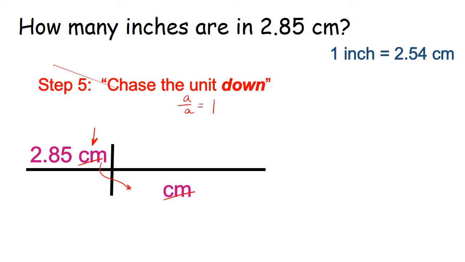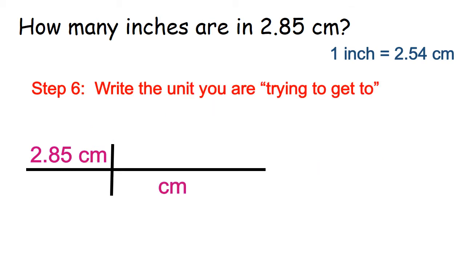This big horizontal bar is like a fraction bar. It represents division. This vertical bar, right there, that represents multiplication. It's just an easier way to write a bunch of fractions, and it keeps them all in line.